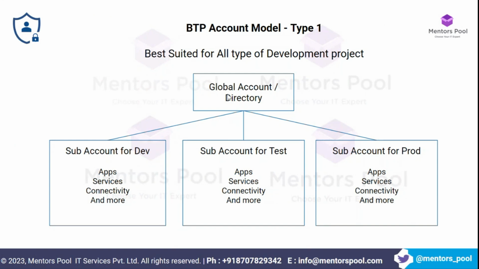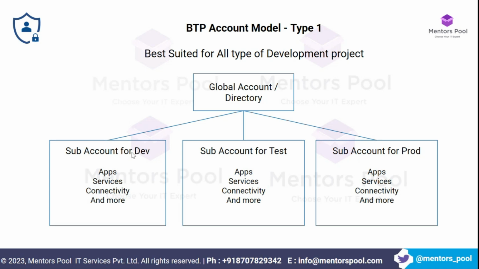You have a global account or a subdirectory; I will come to that later, guys. Right now just understand the global account. In that you will create sub accounts: one for development, one for testing, one for production. A sub account, as I told you, is nothing but a logical connection with the data center. You will assign entitlement from the global account to the sub account, assigning services, and the connectivity and everything is handled at sub account level. We'll see that.